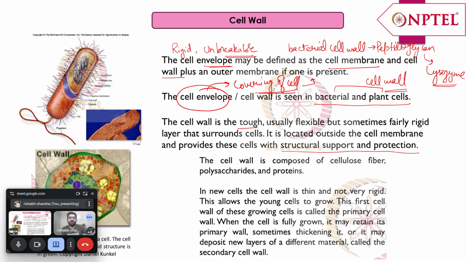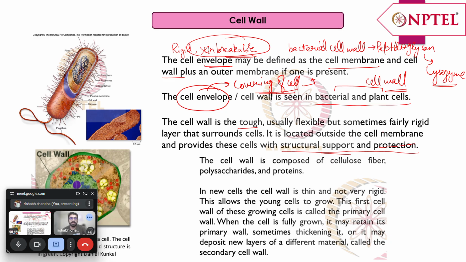Likewise, these cell walls are difficult to break. Rather than unbreakable, they are difficult to break, and they require specialized techniques or enzymes. That is how they provide structural support and protection to any kind of cell in which they are present.